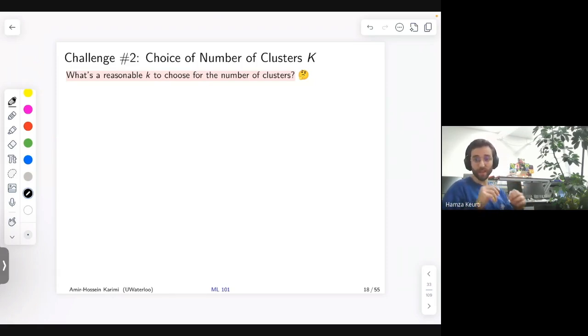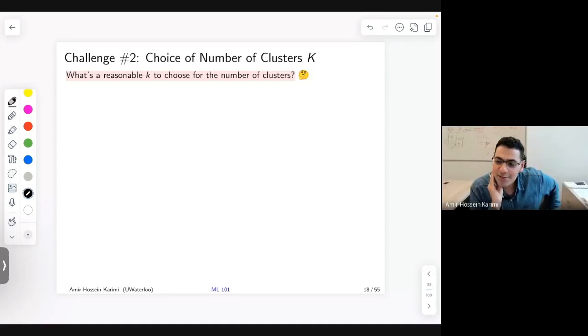If you get k equal to the number of samples, then each sample is its own centroid, so the distance is 0. But it's also a bad solution. So you start from one cluster, and then you keep on increasing k. When you see that there is not much decrease in the loss, that's your k, and it looks like an elbow.